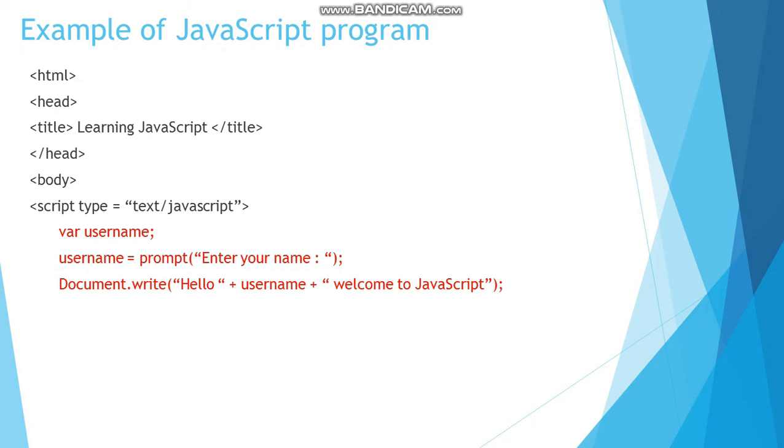Then document.write hello plus username plus welcome to JavaScript is given. Write is a function or method, you can say, that is used to print something in the document. So it will print hello plus username.